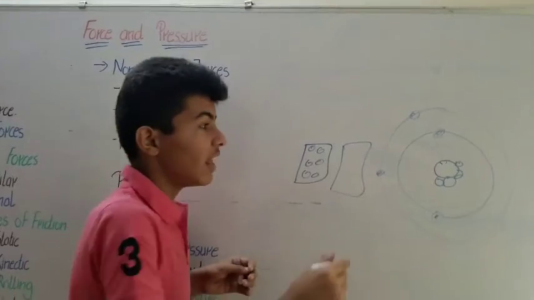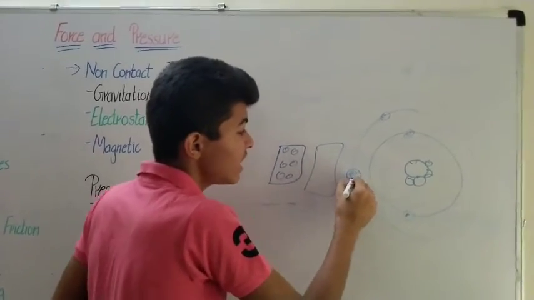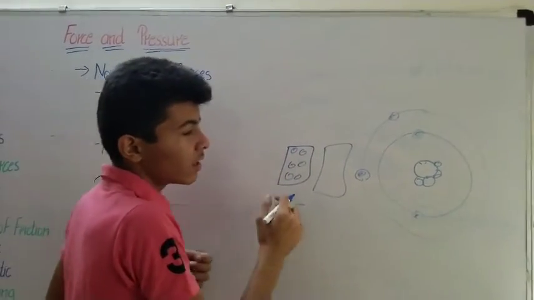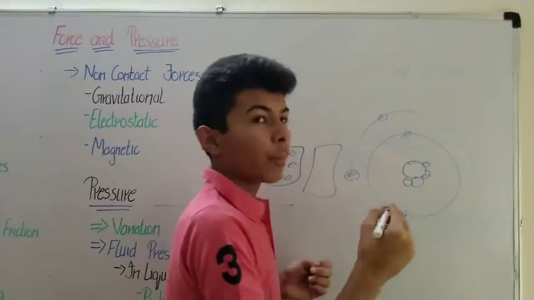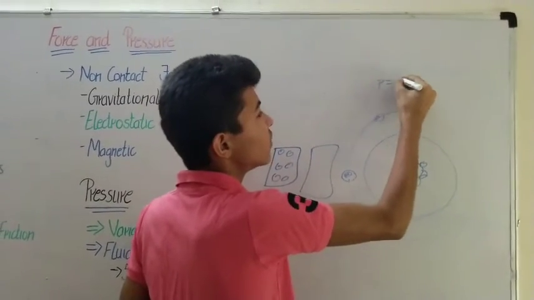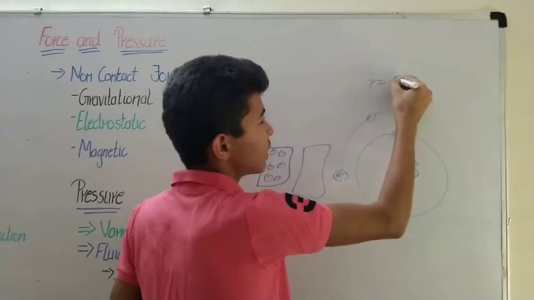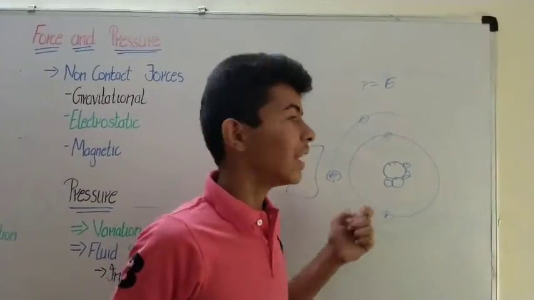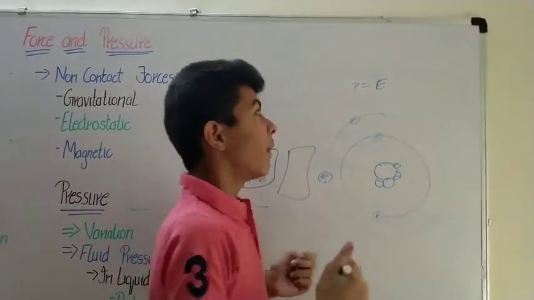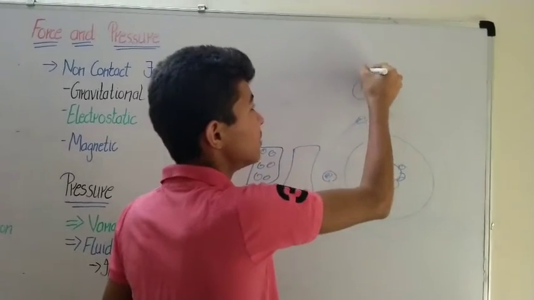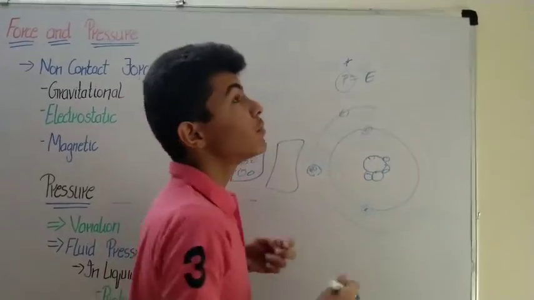So what happens if electrons are lost or change places by rubbing? You will know that in an atom the number of protons is equal to the number of electrons. That makes the atom neutral. But when you have more protons, that means positive charges, the atom becomes positive.